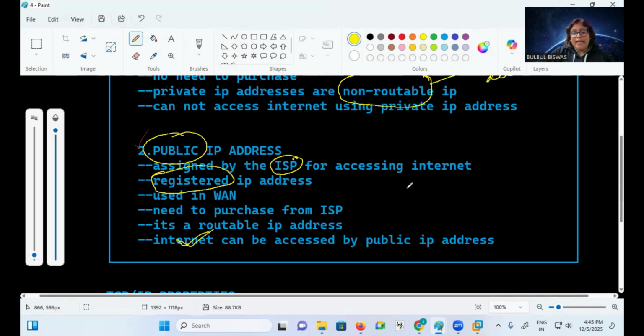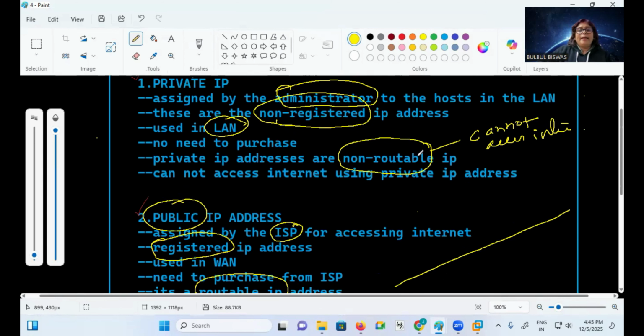Our data packets can travel from one network to another network. That's why we call it a routable IP. But by using a private IP, our data packets cannot travel from one network to another network. That's why we call it a non-routable IP.